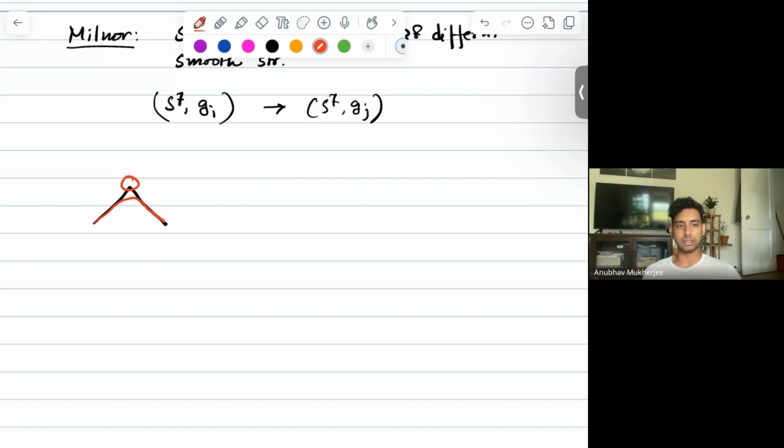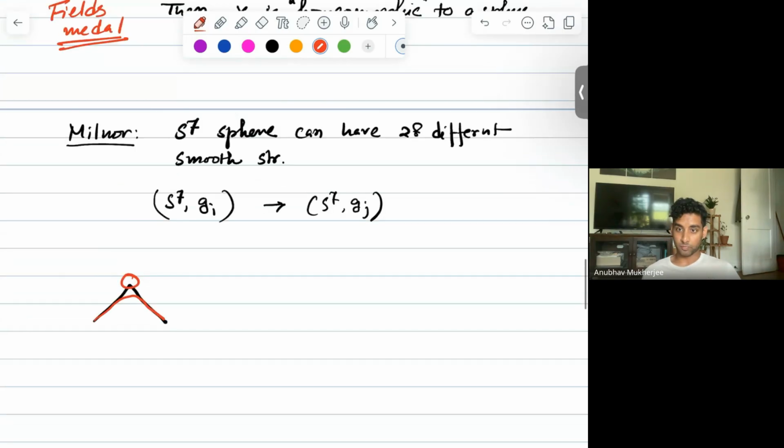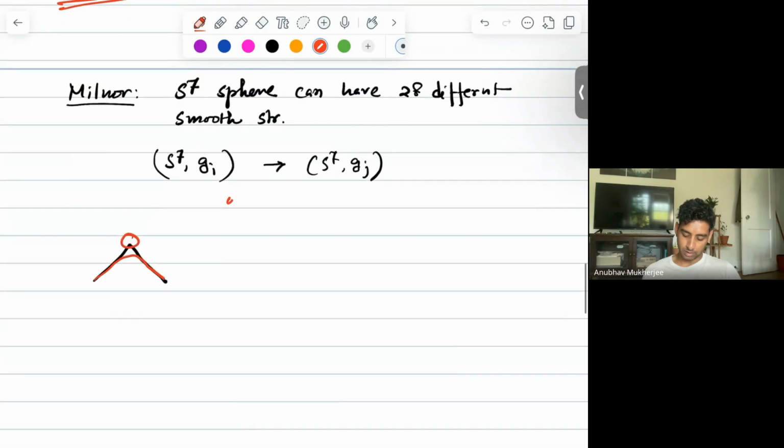So this was the first surprising phenomenon: a continuous map cannot be made smooth in an obvious way. In the math world, such a phenomenon is called an exotic phenomenon. That is, they are homeomorphic but not diffeomorphic.